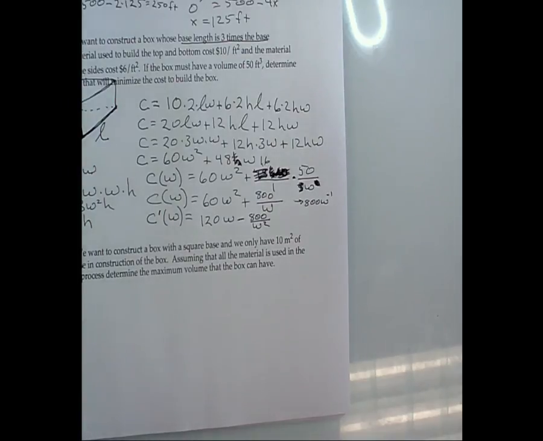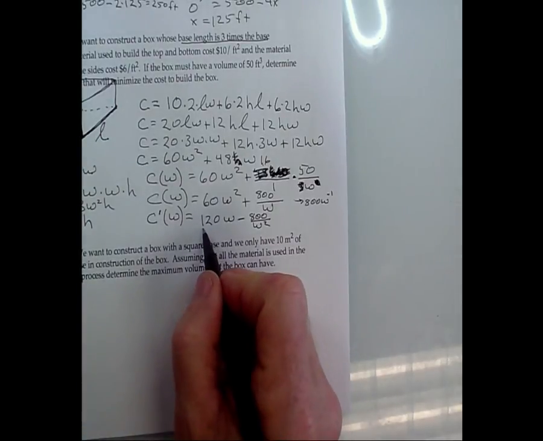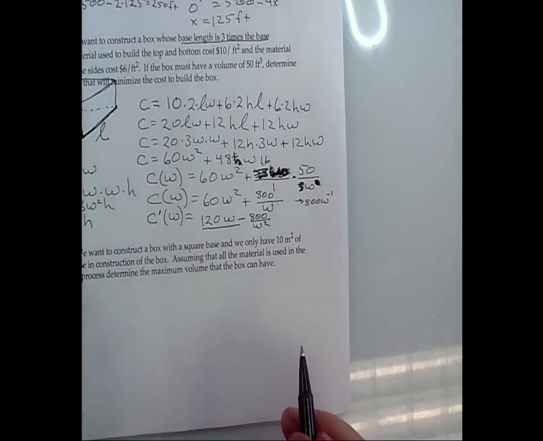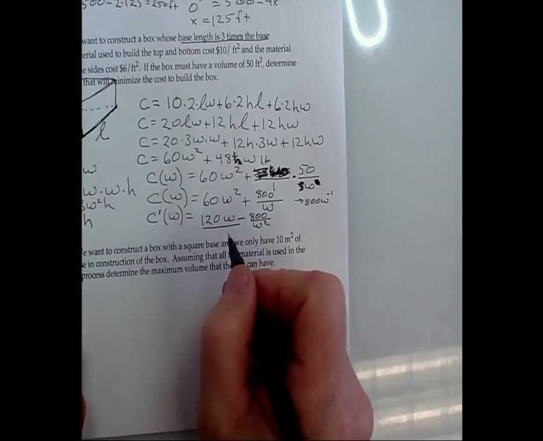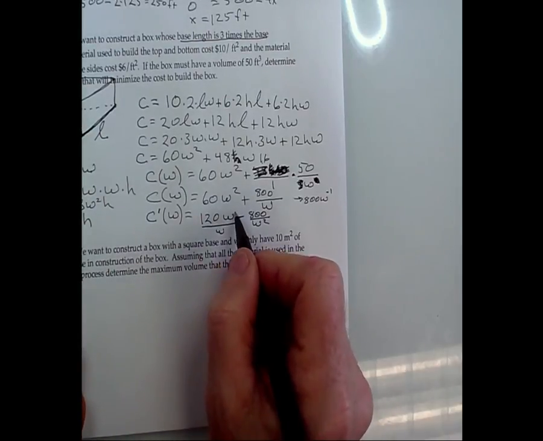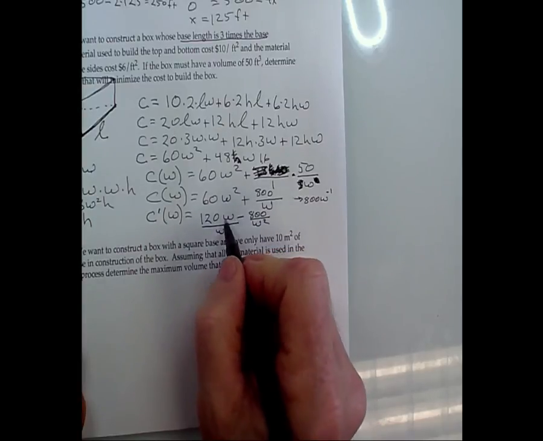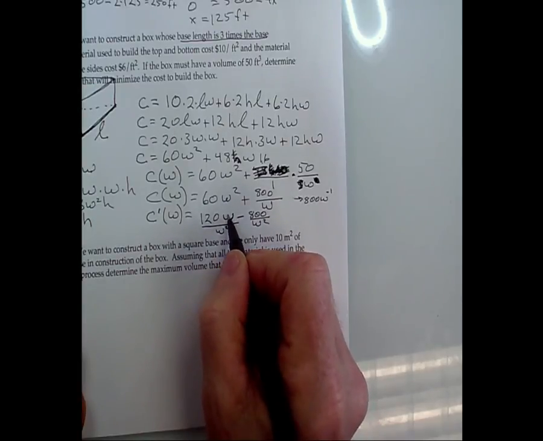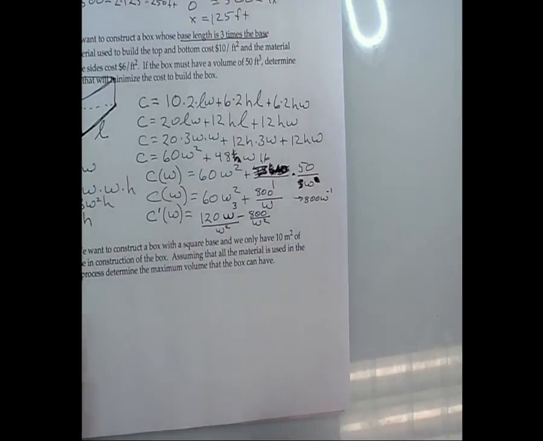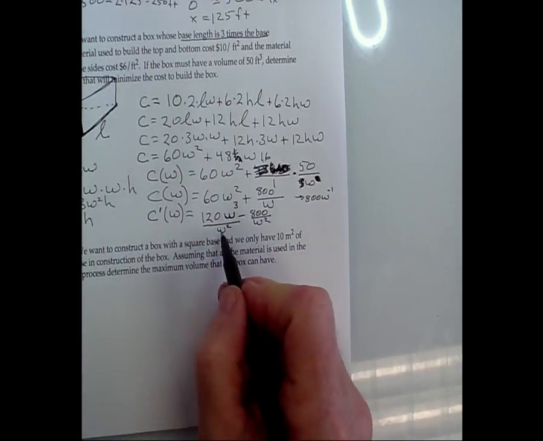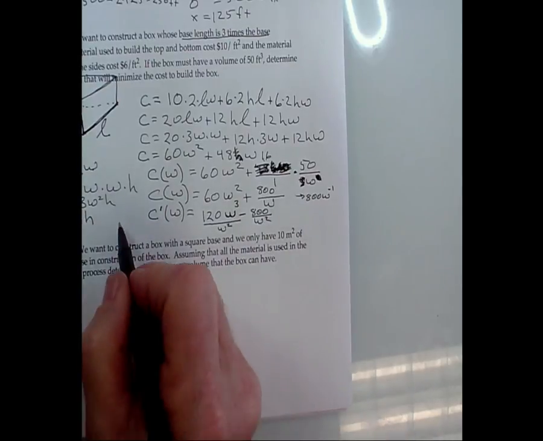What is the common denominator? W squared. And so I got to multiply this by W squared, and this becomes W what? Cubed. So I look in the denominator and I say, hey, W can equal 0.